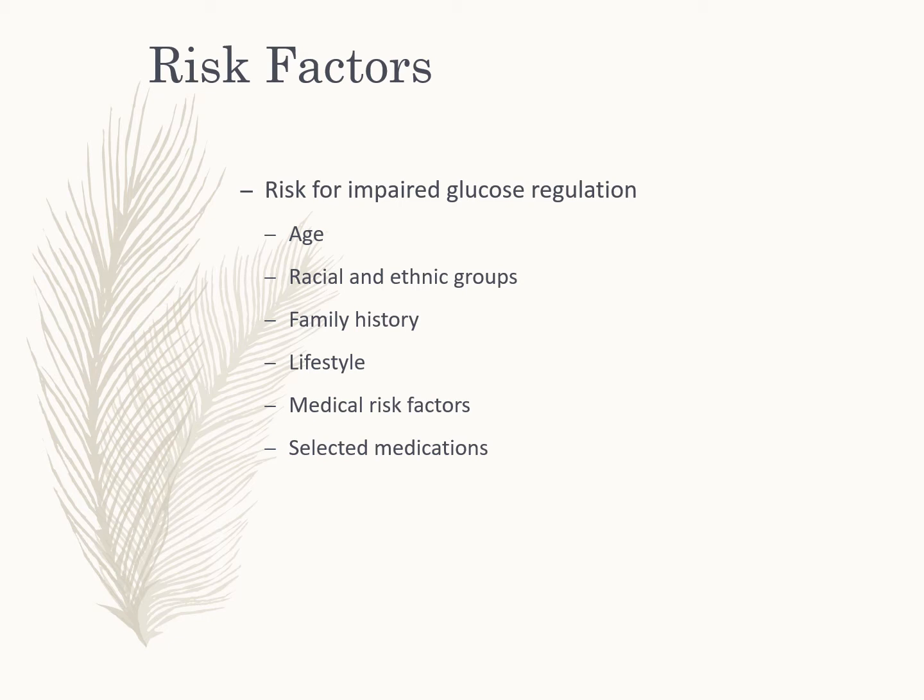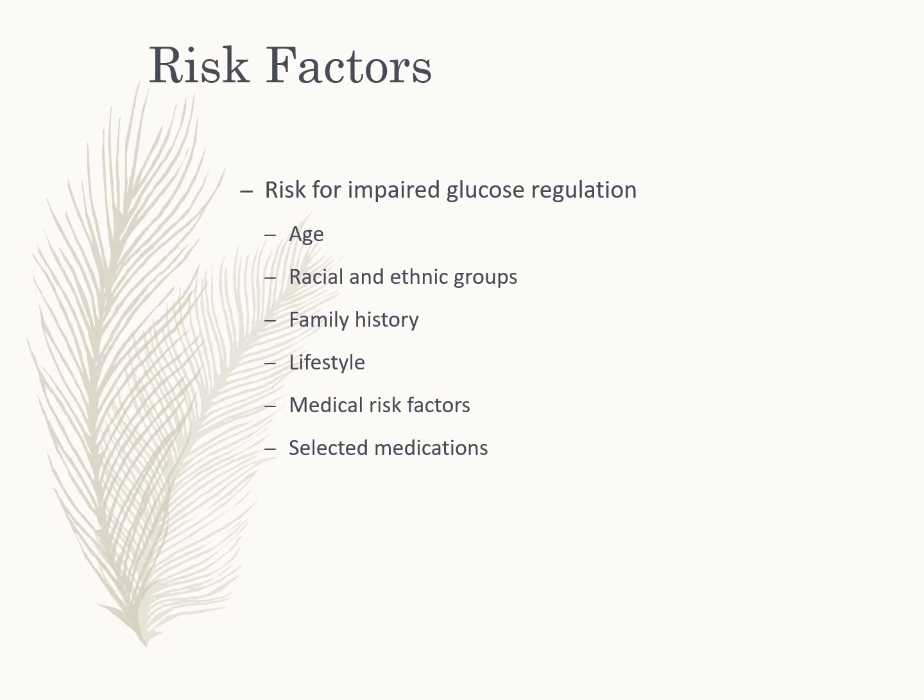So some populations that are at risk are pregnant women, infants, older adults, and certain racial and ethnic groups. So those that are pregnant, because pregnancy is associated with hormonal changes, it produces a state of insulin resistance and associated risk for hyperglycemia.